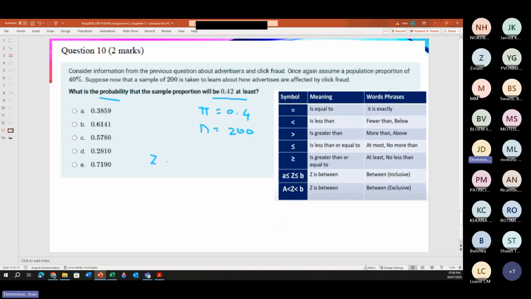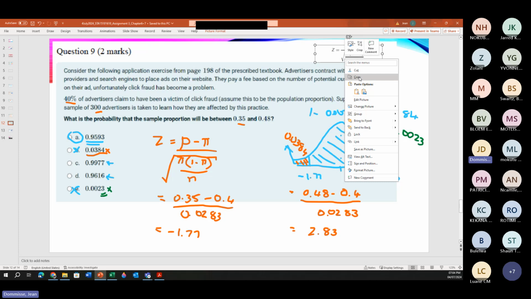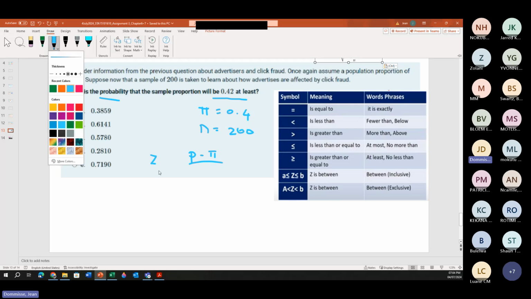It might be that in your assignment, you will need to work out what the sample proportion is. That is nearly the only question in this mock assignment that was not covered, where we actually want to work out the proportion as well. So let's just get that formula in again.